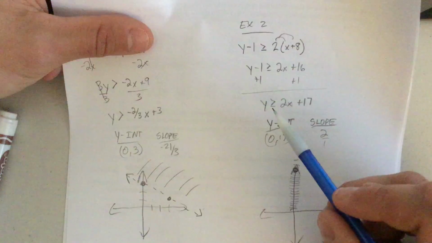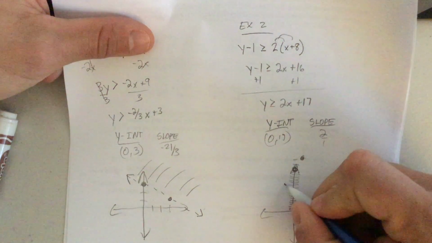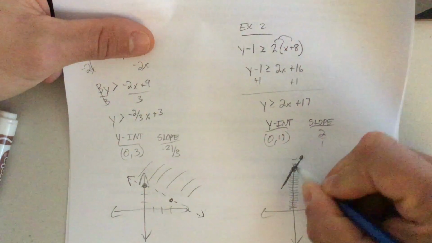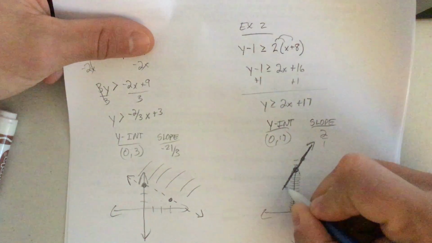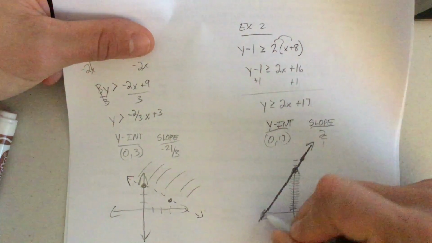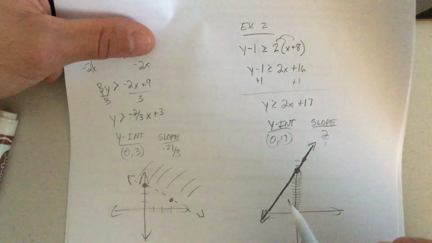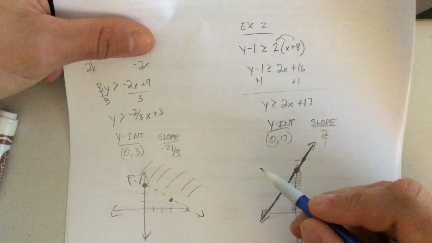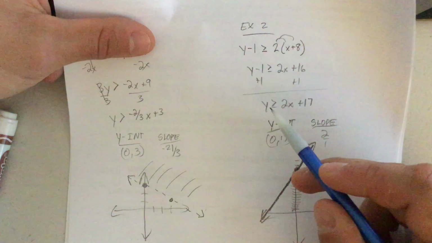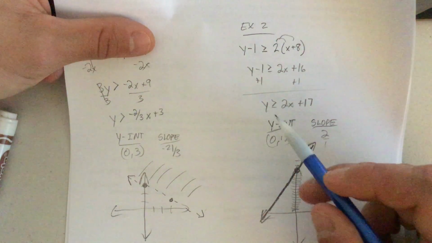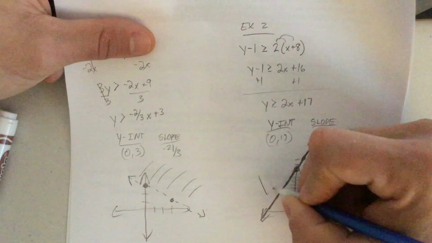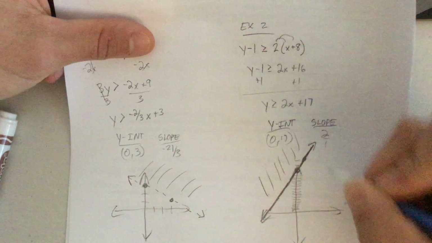Well, is the "or equal to" line there? Yep. So this is a solid line because the "or equal to" symbol is there. That means our line is part of the solution. And then do we shade below or above? It's still greater than or equal to, so we shade above the line.